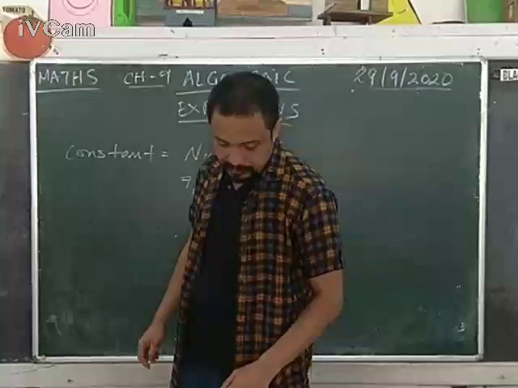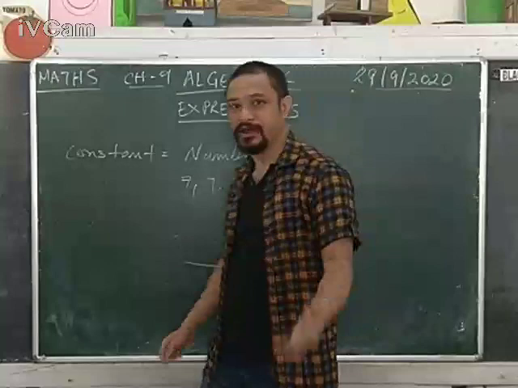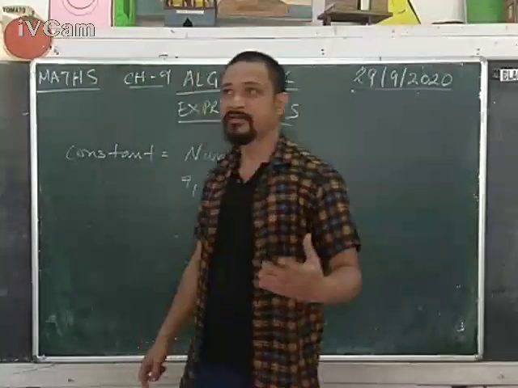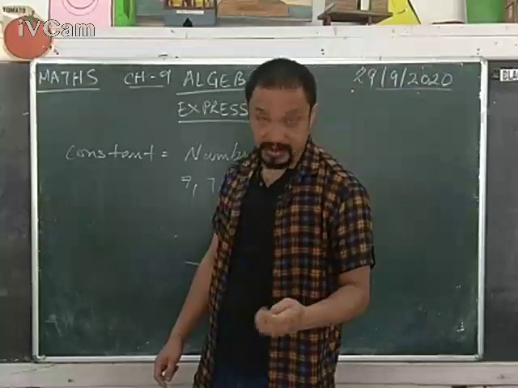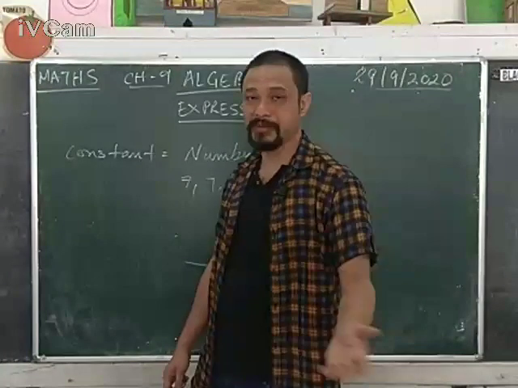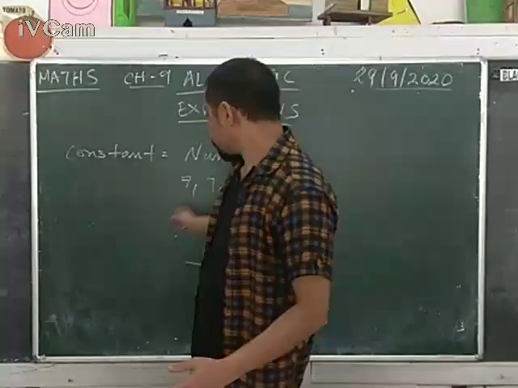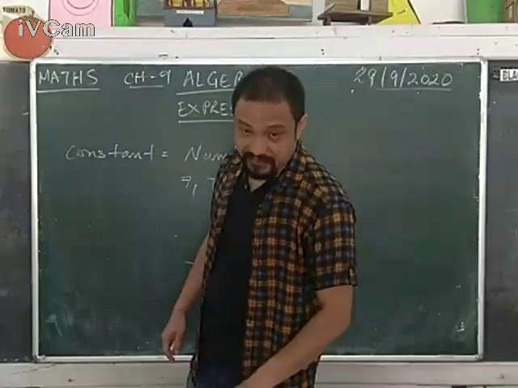Okay, now we come to variables. What is a variable? See, constant from the word, it means something that doesn't change, something that is fixed. That is the meaning. If we go by the English dictionary, the English meaning of constant is that, right? So number doesn't change, the value of this will not change. What is a variable?